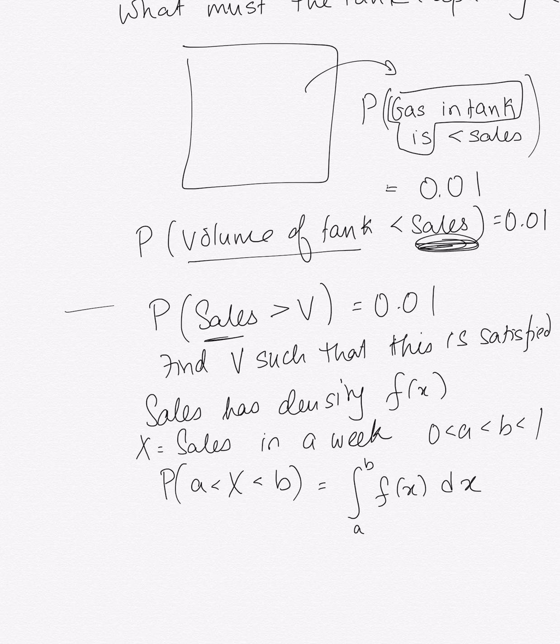Okay, so what are we wanting over here? We want to find v such that the probability x bigger than v is equal to 0.01.